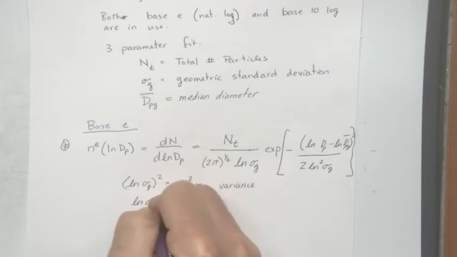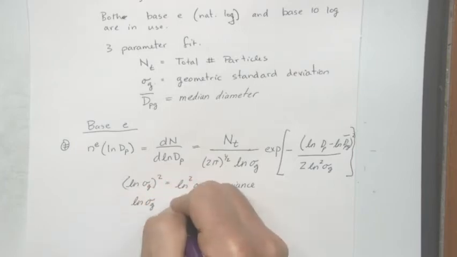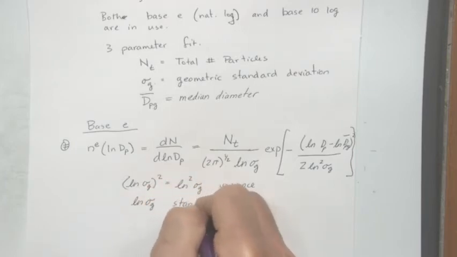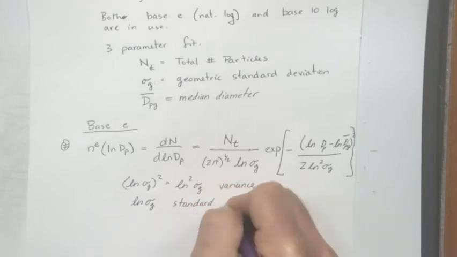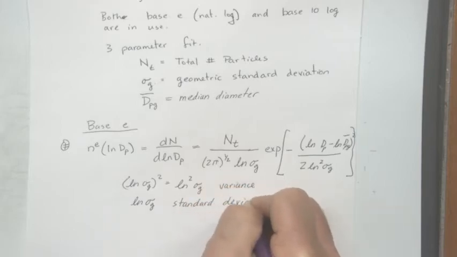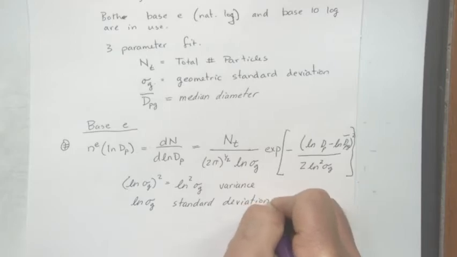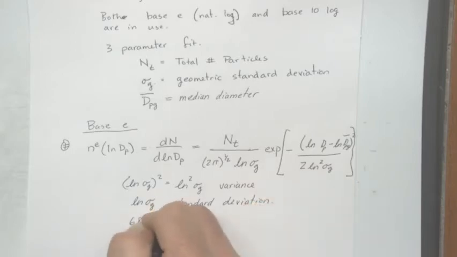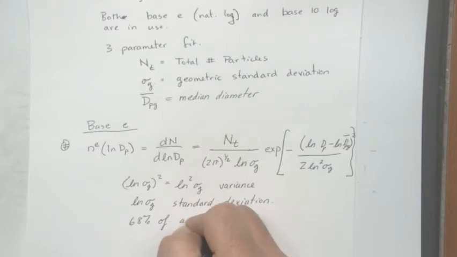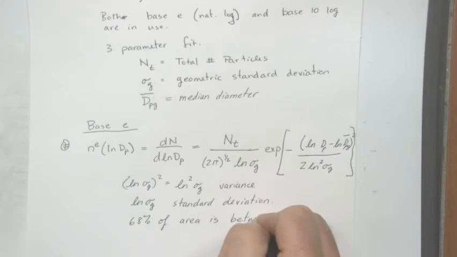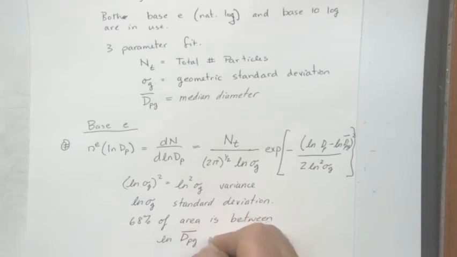Ln sigma g is the standard deviation. 68% of the area is between ln dpg plus or minus ln sigma g.